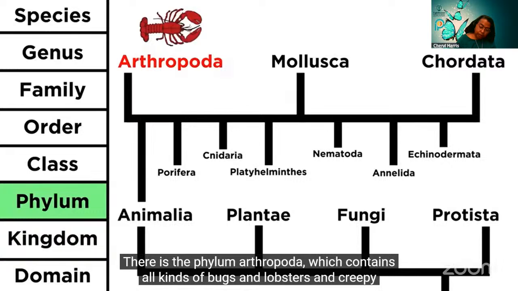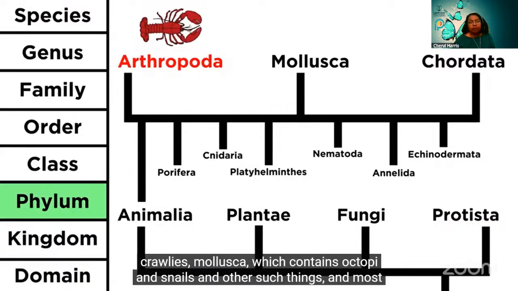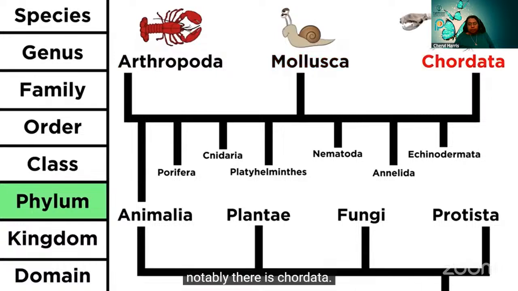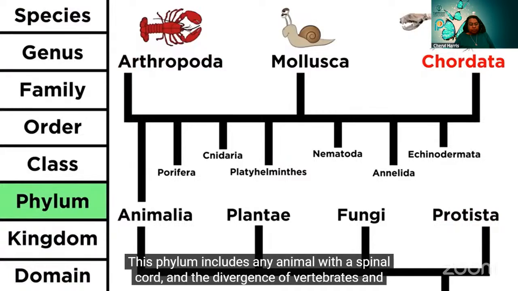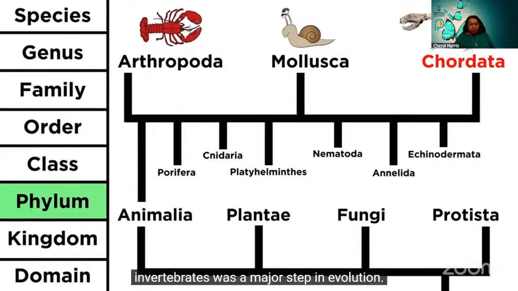There is the phylum Arthropoda, which contains all kinds of bugs and lobsters and creepy crawlies. Mollusca, which contains octopi and snails and other such things. And most notably, there is Chordata. This phylum includes any animal with a spinal cord, and the divergence of vertebrates and invertebrates was a major step in evolution.